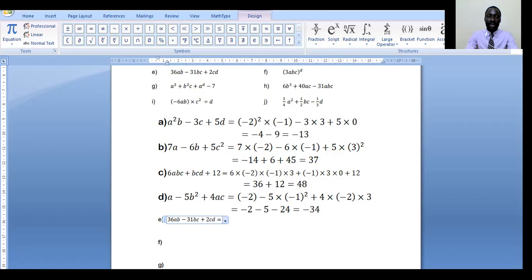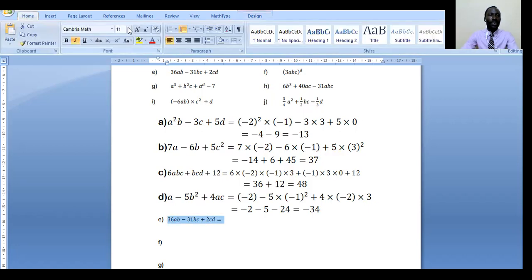Let's see what we can get from here. And just to make it relatively big, to some size, say 14 or slightly more. Yes. Now this is what we have.